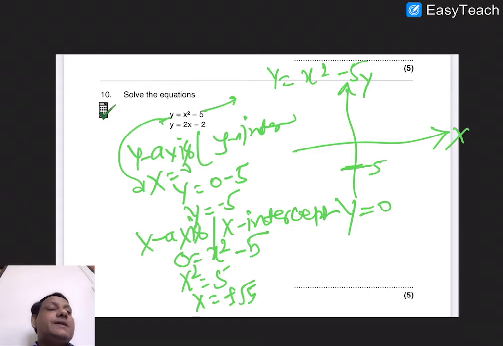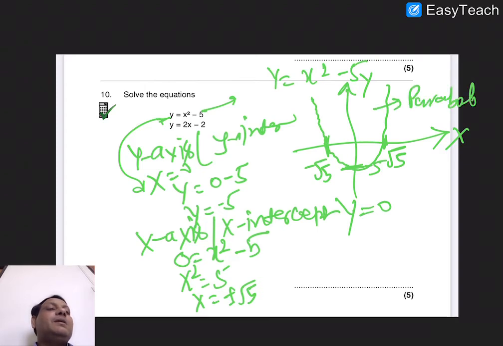Okay, so on one side root 5 is nearly 2.3, 2.1 like that, so we can guess root 5 here. On another side we can guess minus root 5, and the graph is going to be a parabola up, or we say concave up.